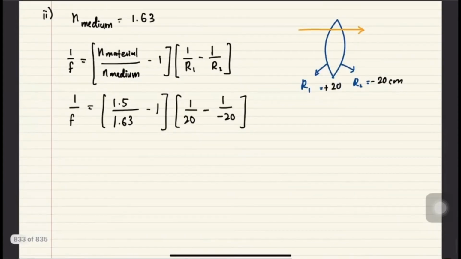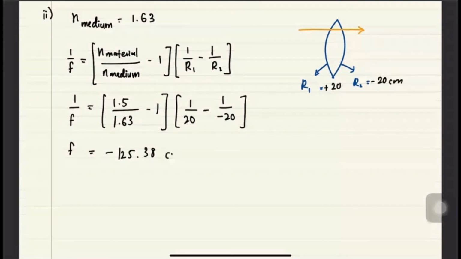So now 1/20, 1/20, 2/20, negatif 125, betul tak? Sama sir. Sama okay. Jangan lupa untuk inversekan tu yang tu adalah 1/m, so you have to take inverse lah. So you get negative 125.38.